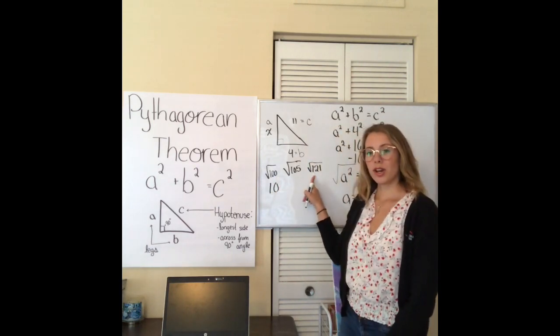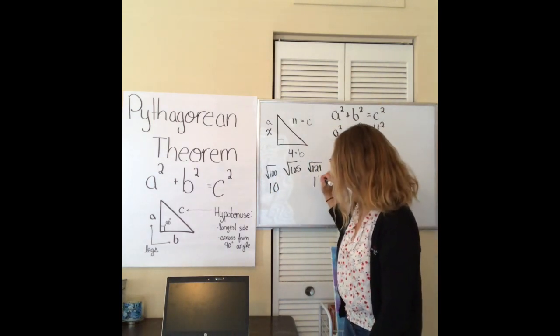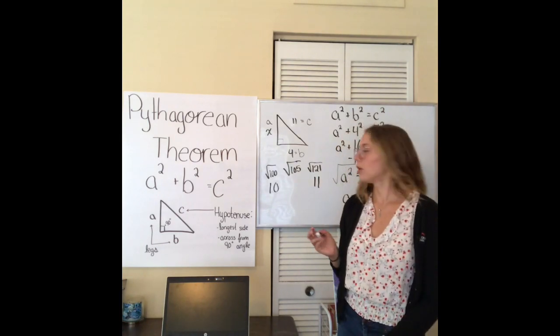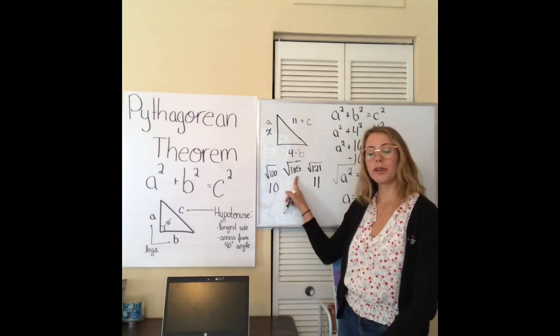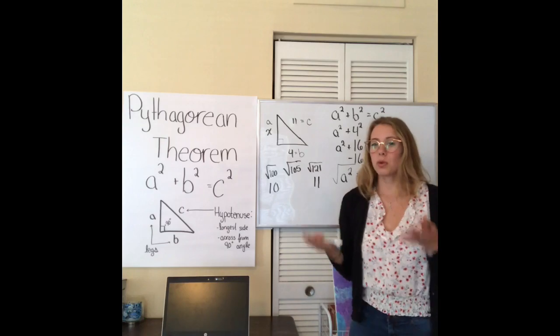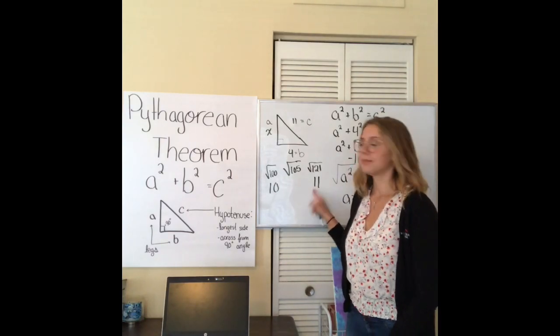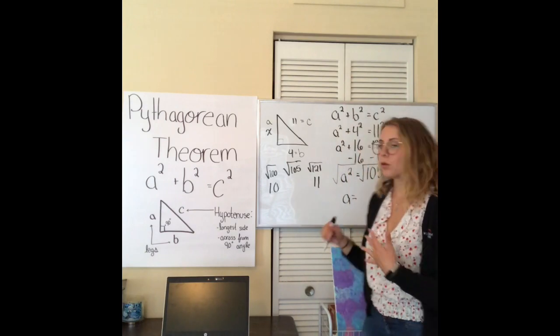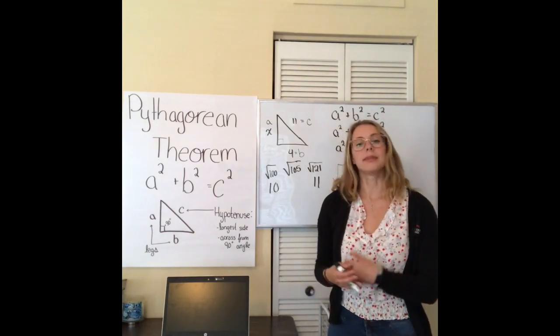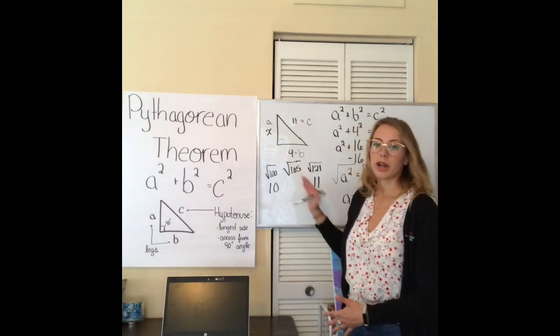The square root of 121 is 11. So I know that the square root of 105 is going to be somewhere in between 10 and 11. So what I'm going to do is guess and check some decimals to decide where it falls.